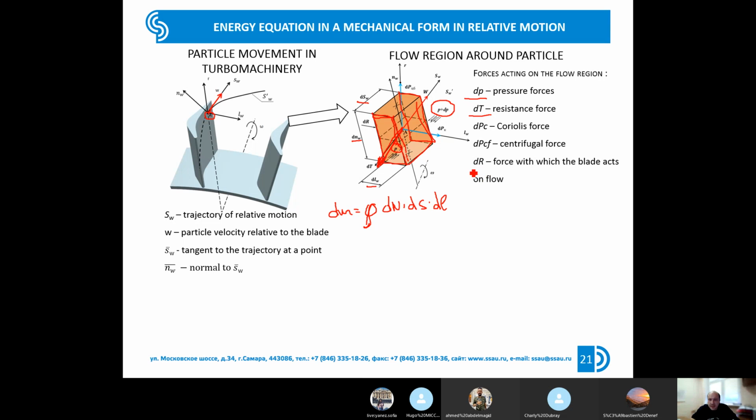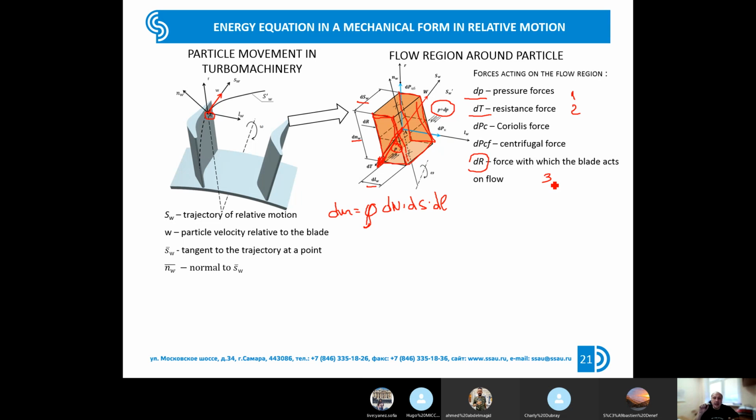The next force is the force with which the blade acts on the flow, and these three forces were present in the case of the Bernoulli equation.